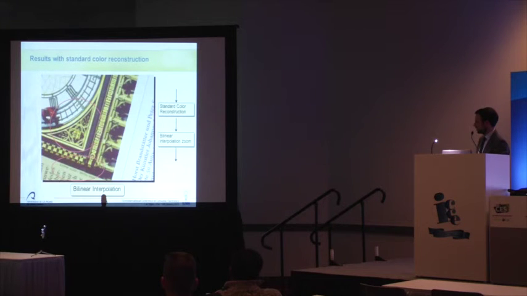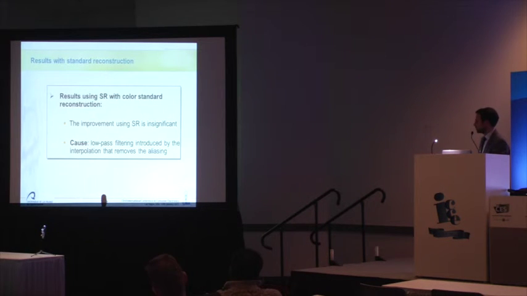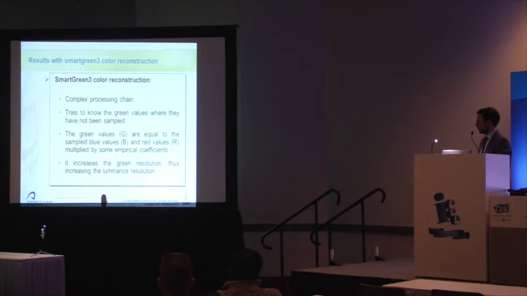If you see, the results are quite similar, and this is because we are losing the high frequency components, we are removing the aliasing, and we are not improving anything.